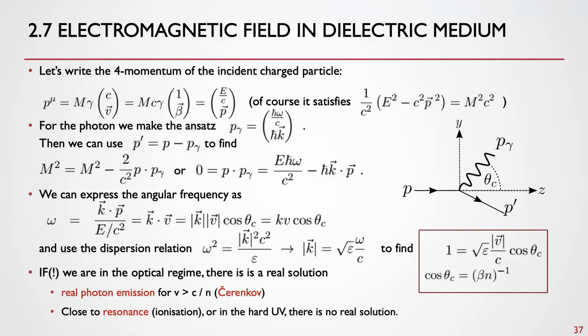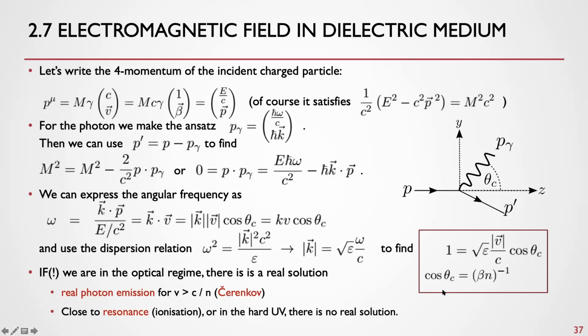In case this condition is satisfied, we do have a real solution for the frequency and the wave number of the photon, and a real photon is exchanged and created, and we can detect it. For too low values of the velocity, this does not happen and no photon is created.